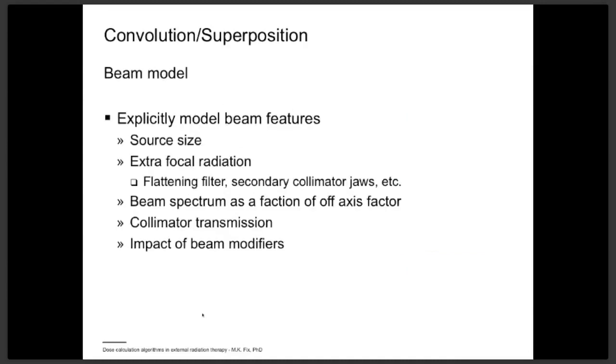So this beam model needs to explicitly take into account certain features such as the source size. It needs to account for extra-focal radiation sources due to the flattening filter, secondary collimator jaws, etc. It needs to look at the beam energy spectrum as a function of off-axis factor, as well as collimator transmission or the impact of other beam modifiers.